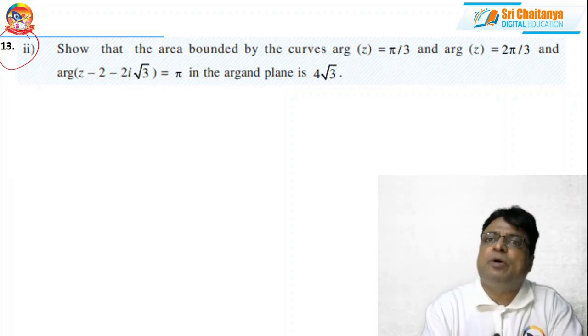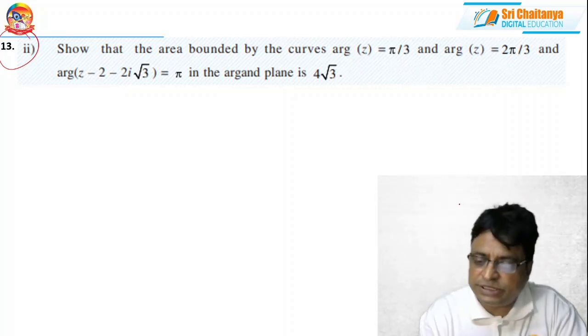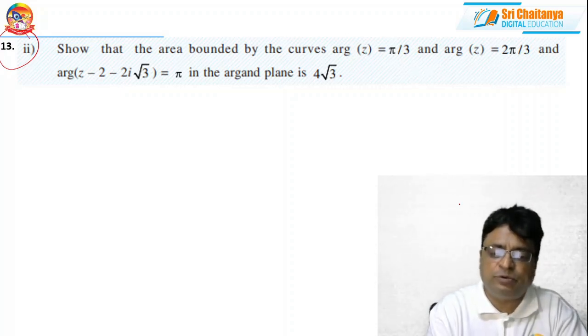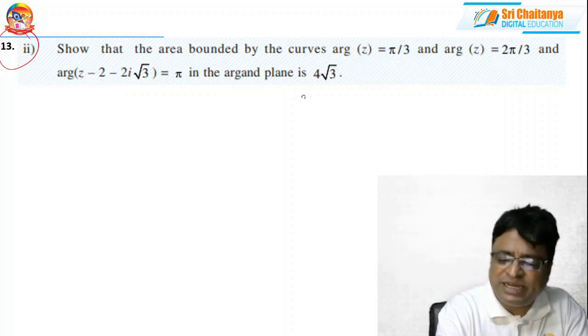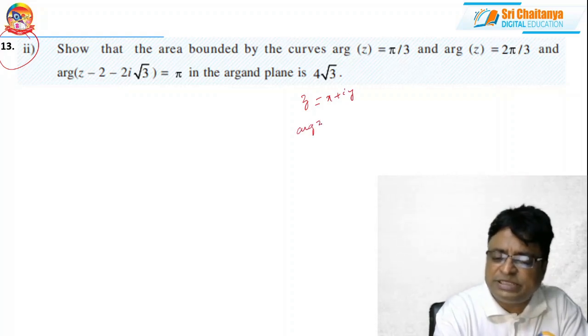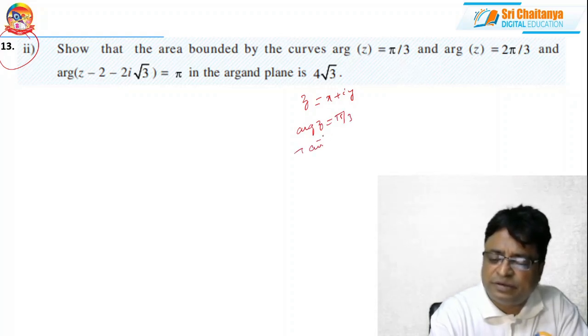Show that the area bounded by the curves argument z is equal to pi by 3, argument z is equal to 2 pi by 3, and argument of (z minus 2i by root 3) is equal to pi in the orthogonal plane. My friends, suppose z is equal to x plus iy. Argument z is equal to pi by 3, that is tan inverse of y by x is equal to pi by 3.